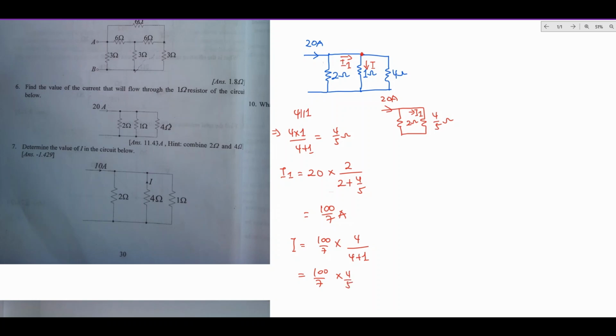So let's see what you're going to get. We have 100 on 7 multiplying 4 on 5, which gives us a value of 11.43 amperes. So that'll be the current flowing through the 1 ohm resistor. Now let's go back and continue with question 7.